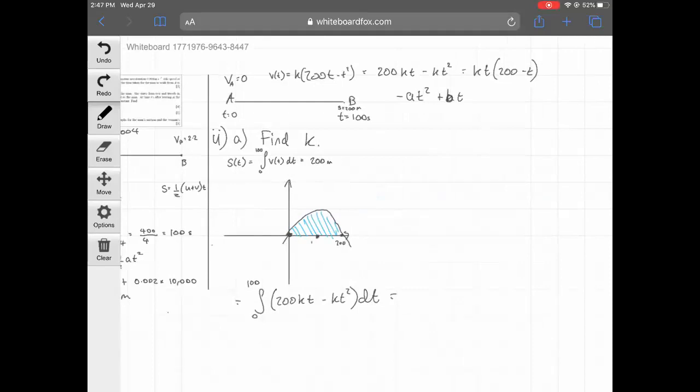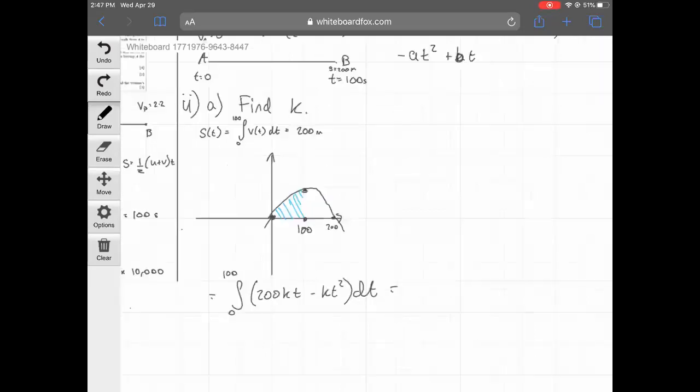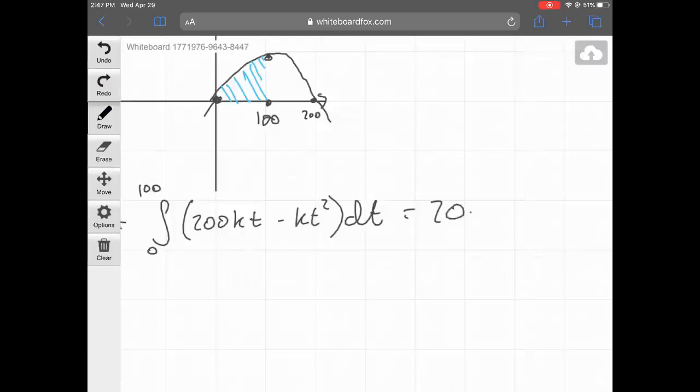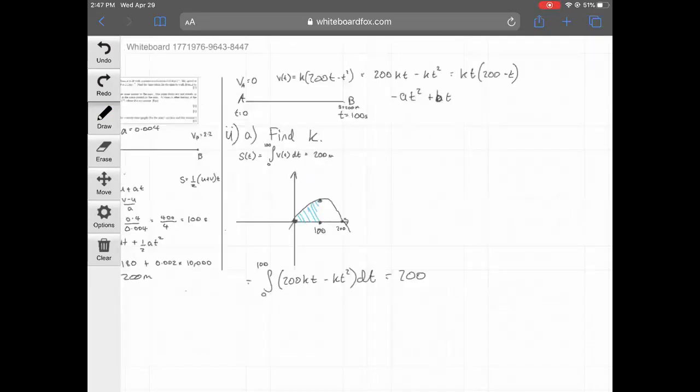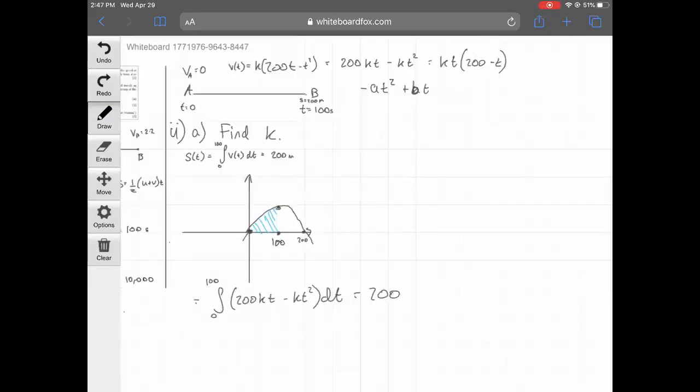It's actually 100 is the area I'm finding. Sorry about that. So I'm actually only finding the area up until here. But the distance traveled is 200. Is that correct? Yeah. Okay.